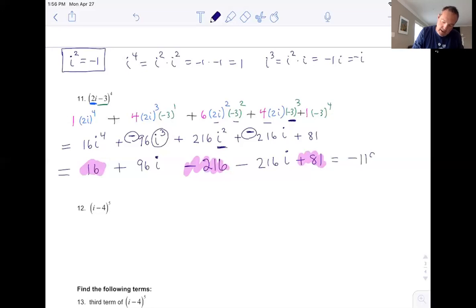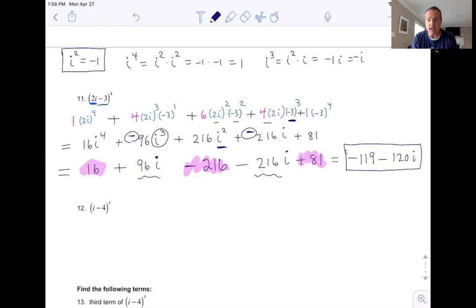Now I got to get my imaginary terms together. So I got 96 minus 216. And if I take 96 minus 216, I get negative 120. Oops, my bad. Negative 120I. So there we go, negative 119 minus 120I.